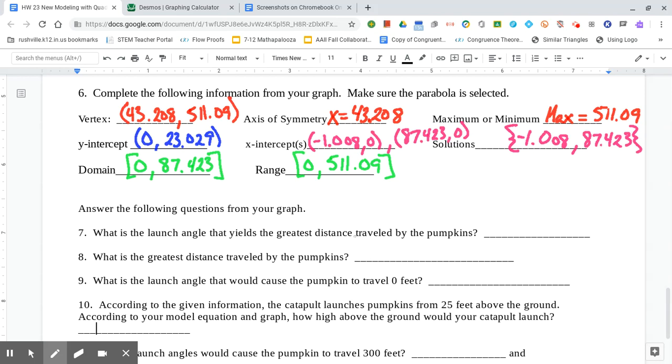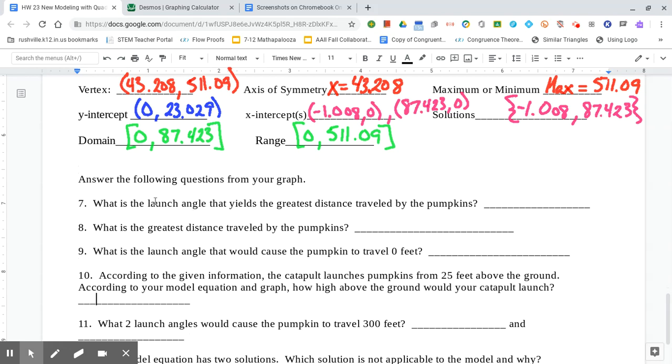So to start, we are looking at the question of what is the launch angle that yields the greatest distance traveled by these pumpkins? And so, a couple things to realize when we say launch angle, we are talking about an x value. Hopefully, that makes sense. And when we say the greatest distance possible, remember we had a maximum before, and that maximum came from our vertex.